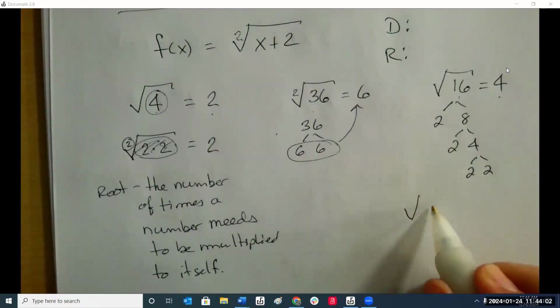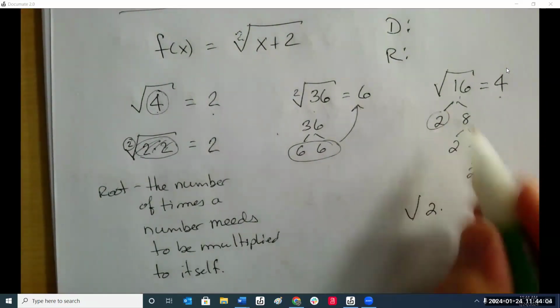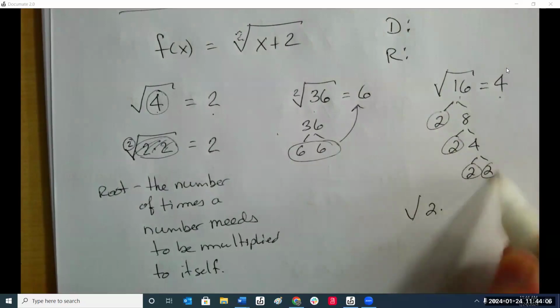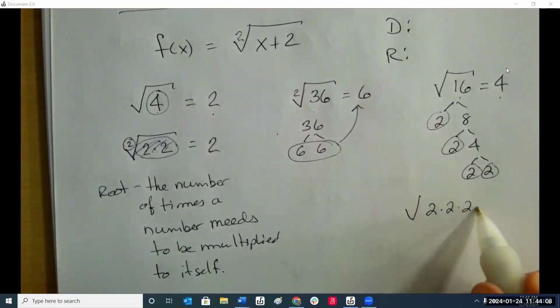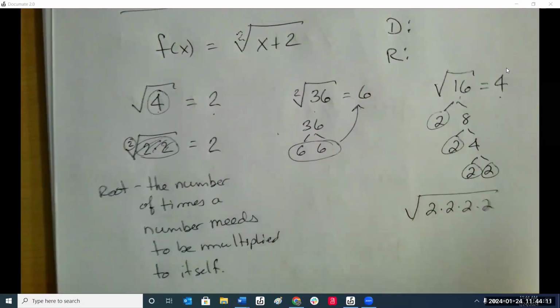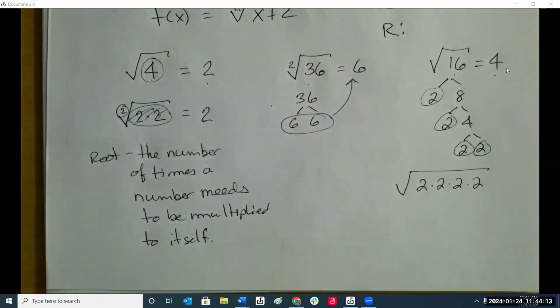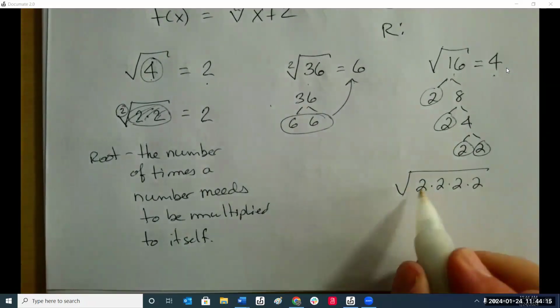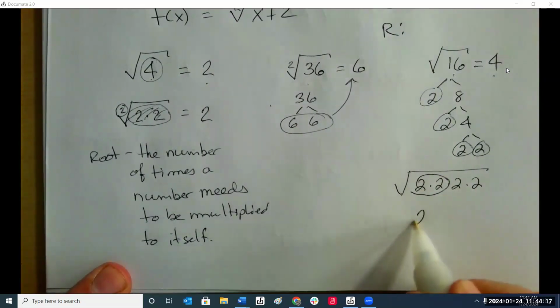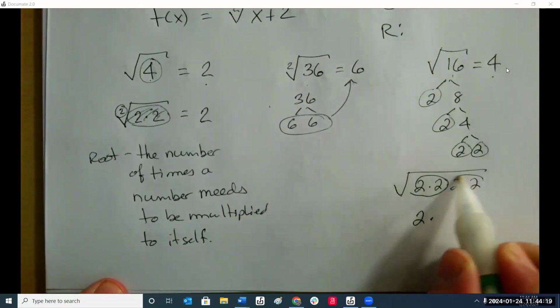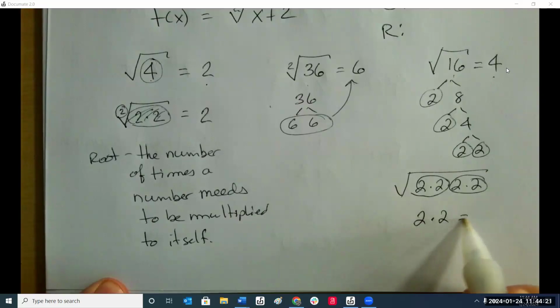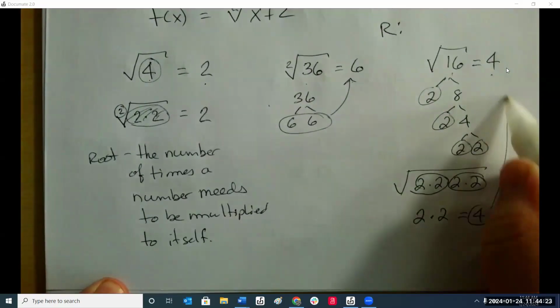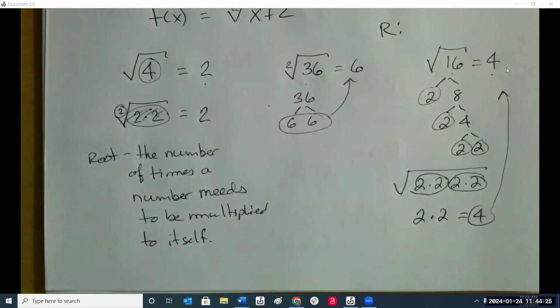So 16 is made up of 2 times 2 times 2 times 2. We need how many of a kind? Here's a pair, so it comes out. Here's another pair, it comes out. 2 times 2 is 4. That's the whole structure of a radical.